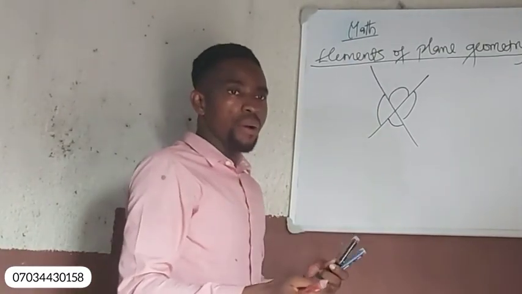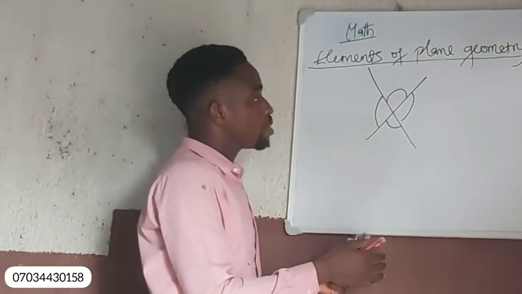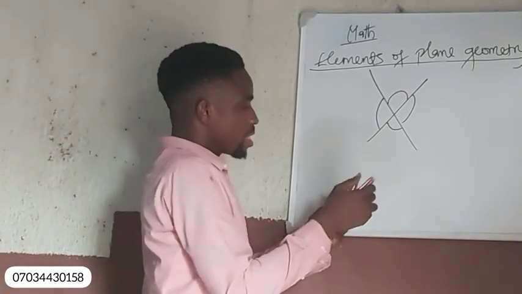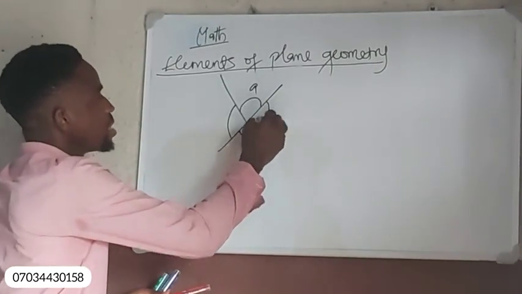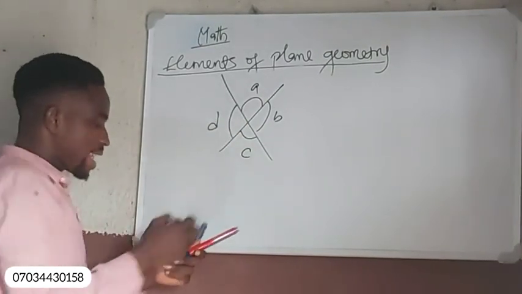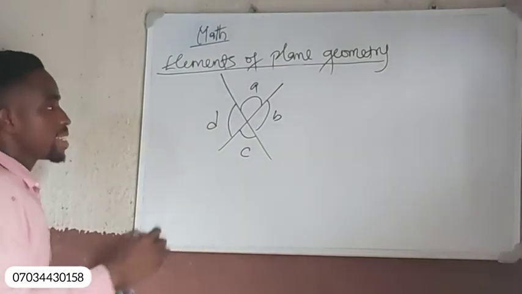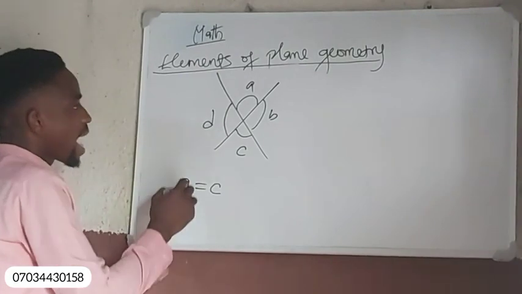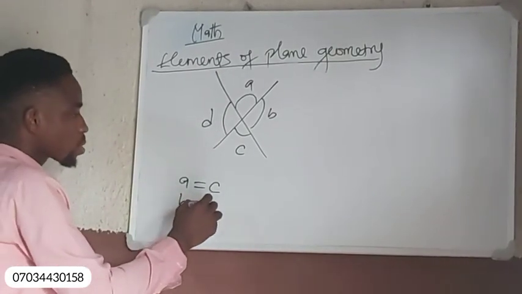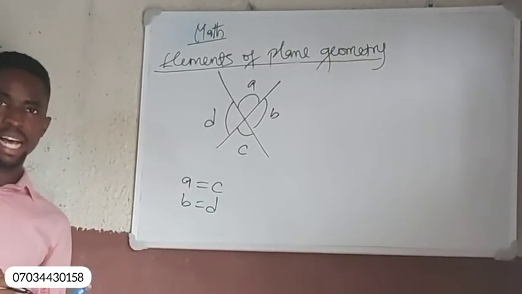Now, from our basic geometry, we know that if I call this angle A, and this is B, C, and D, then I can say that angle A is equal to angle C, and angle B is equal to angle D. What is the reason for that?